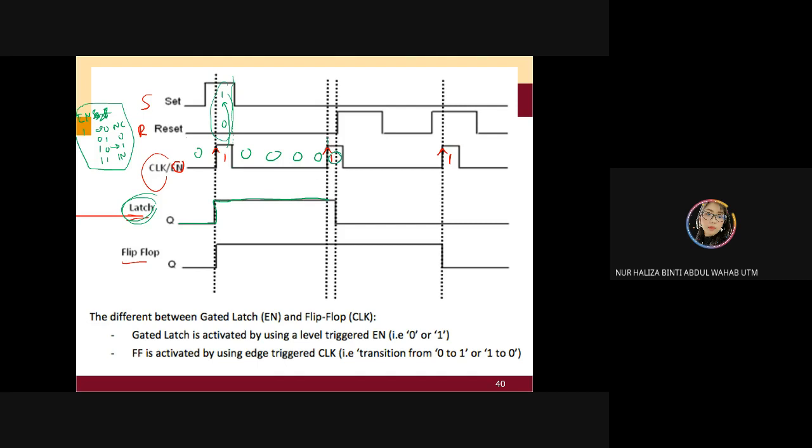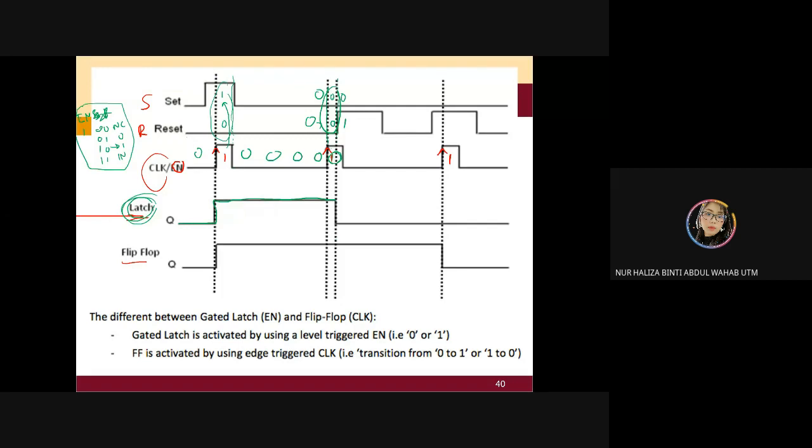For this part, as I mentioned, for latch, you need to draw all the dotted lines at every single change. For this reset here, you can see it changed to 0, here is 1, here is 0, 0, 0. At this one, you look at the first part, you're going to have 0, 0. 0, 0 means no change, that's why it follows here.